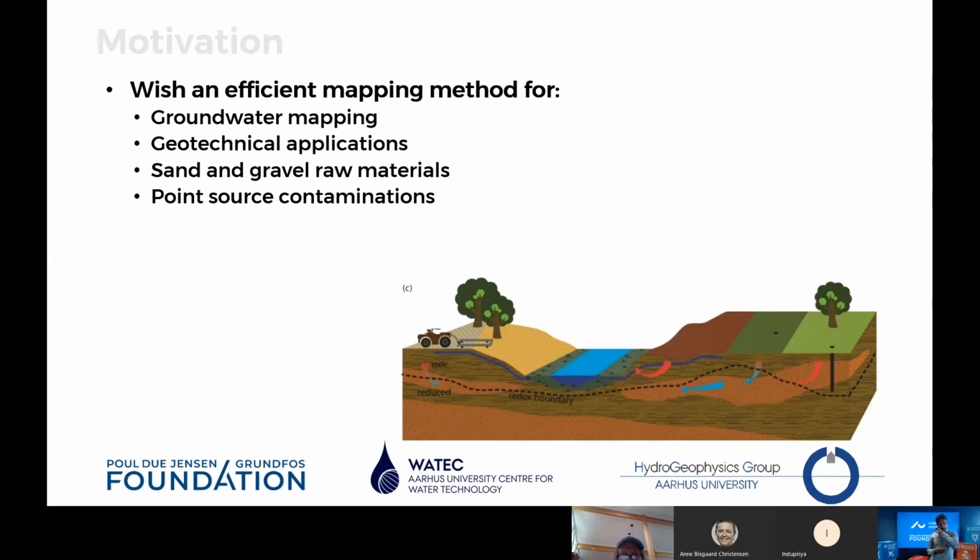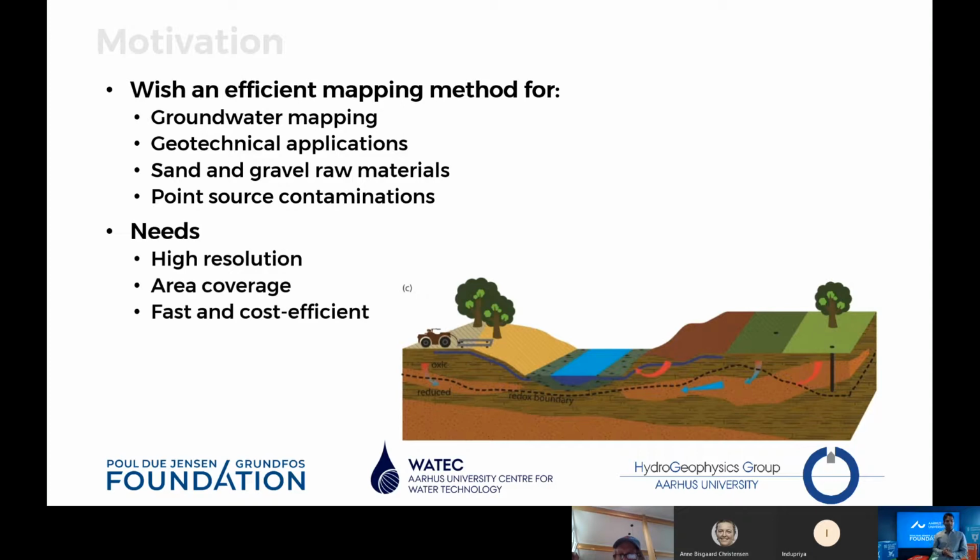So in the near surface geophysical community, what we always wish to have is a technology or a method or system that can map groundwater and can be used at the same time for geotechnical applications, mapping raw materials, and finding the sources of contamination.